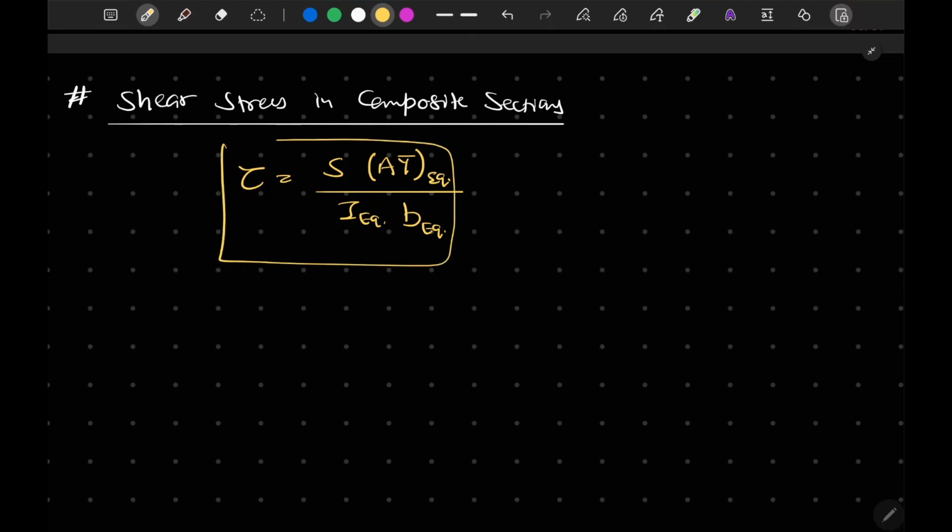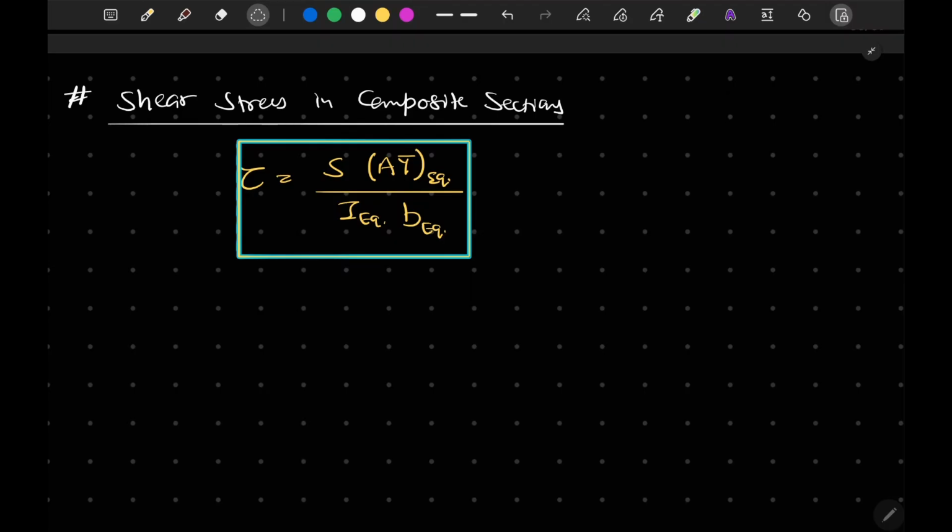So your first purpose in calculation of shear stress for a composite bar is to find the equivalent section. Only by finding the equivalent section can we calculate the shear stress distribution in case of composite sections.